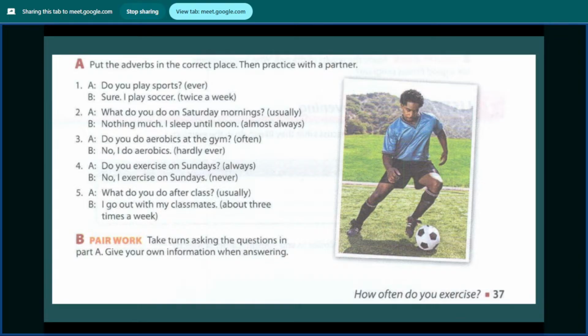What to do, ma'am? What do we have to do? That will be the correct question over here. You have to rewrite the sentences using the words which are given in the bracket. Okay, you have to put the adverbs in the correct places, and you have to rewrite the sentence in your notebook. Understood?